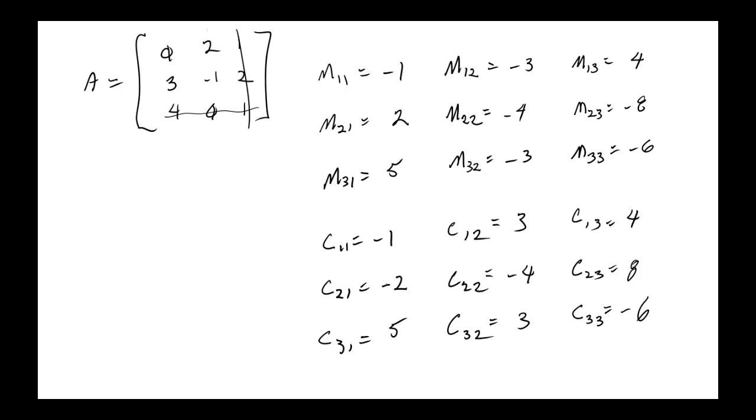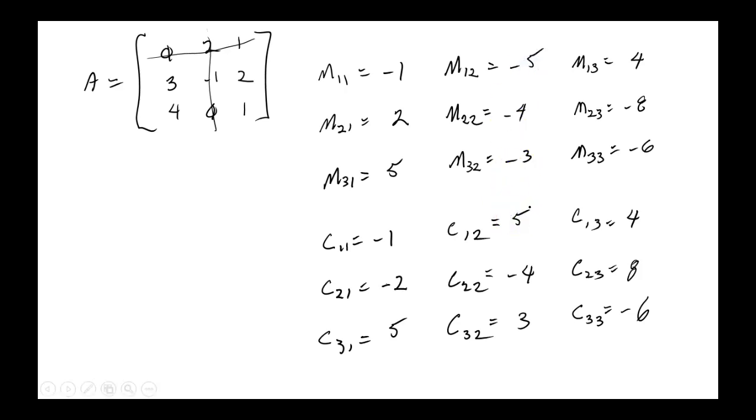I must have done a math error. Wait, let me back off. This one right here, and this one right here. I must have messed up on 1, 2. 3 minus 8 is negative 5, and the opposite of that would be 5.